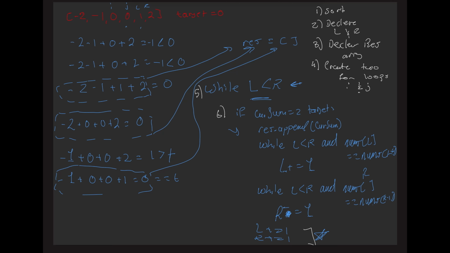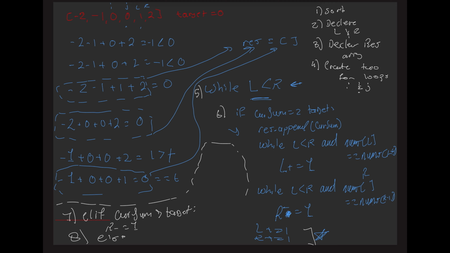Step number 7, I'm going to be a little bit disorganized here for a moment, is to have the else if condition of current sum being greater than the target, which results in the R decrementing, and then step number 8 is else, left pointer increment by 1, and then step number 9 is return the result.